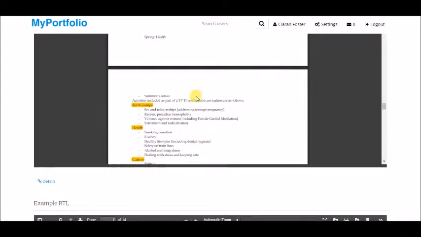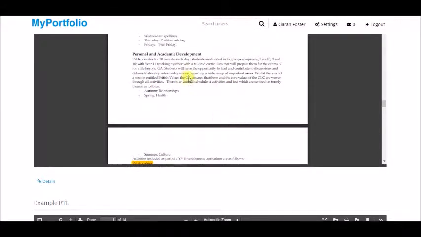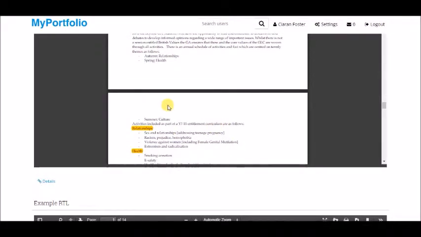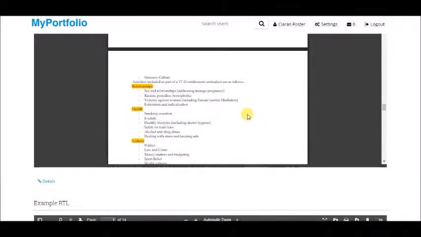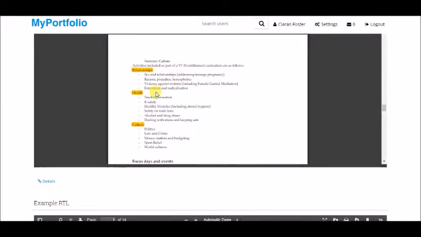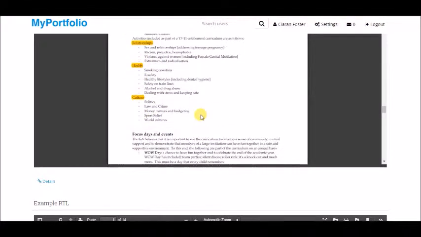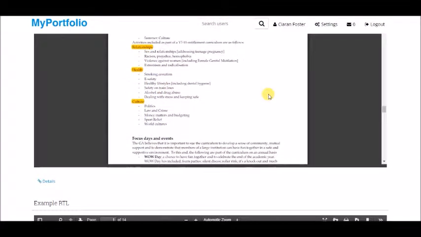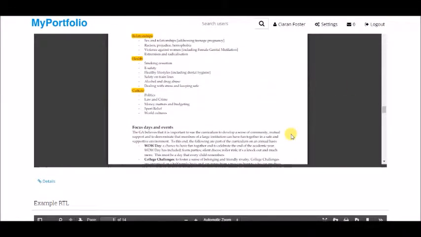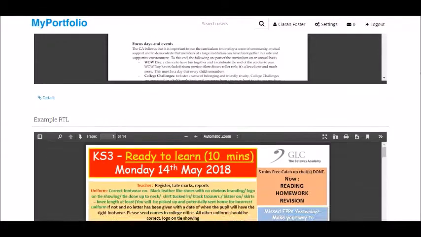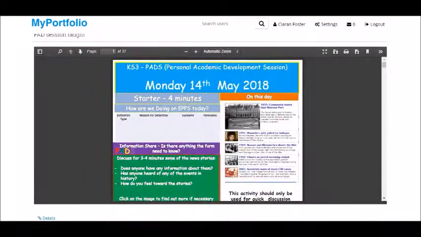If we make our way down throughout that PAD time, it's 20 minutes each day looking at the curriculum and more like PHSE, ensuring that we're educating our students regarding changing environment, relationships, health, culture. That's one of the key policies which I needed to make sure I was teaching and implementing during the PAD. So if we just go down to the example PAD session.